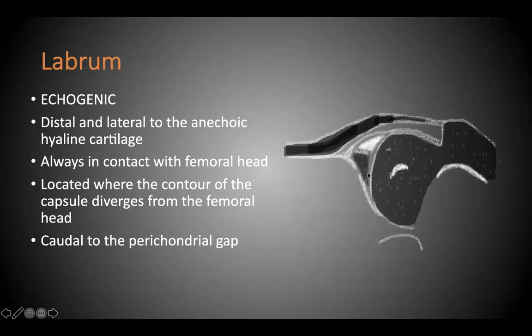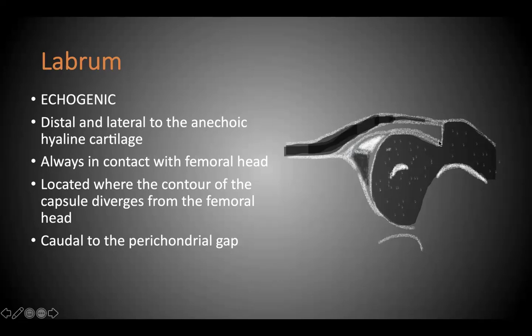So this is our cartilaginous roof, and the labrum is distal and lateral to it. Just remember that the image is flipped, so this is actually lateral, and this side is distal. So the labrum is distal and lateral to the echogenic cartilaginous roof. The other thing is that the labrum will always be in contact with the femoral head, whether the hip is centered or decentered.